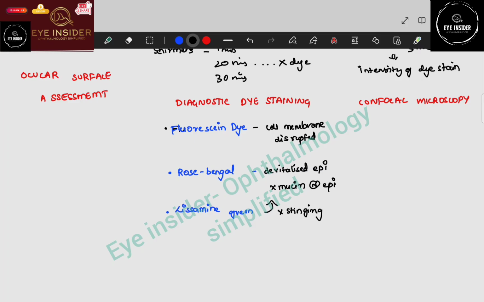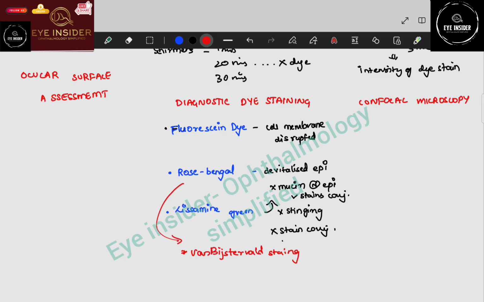Lissamine green also stains similar to rose bengal, but it does not cause the stinging which is seen with rose bengal, and it does not stain the conjunctiva, whereas rose bengal stains the conjunctiva. So the staining pattern is almost similar, except that it differs in the conjunctiva, but Lissamine green has no stinging sensation.